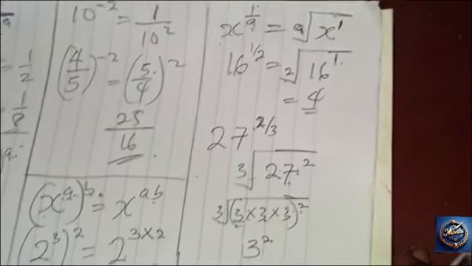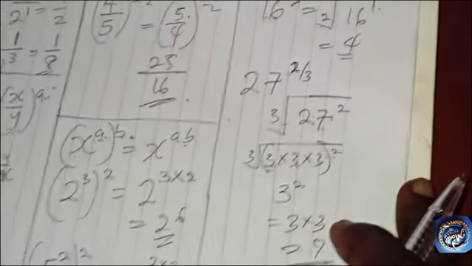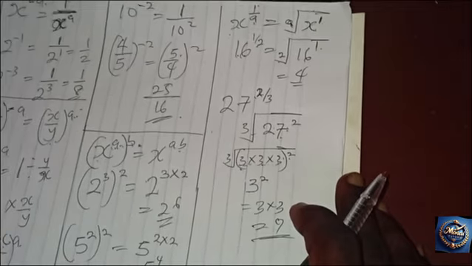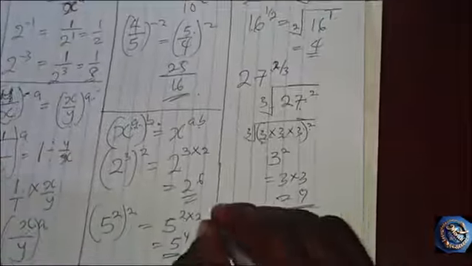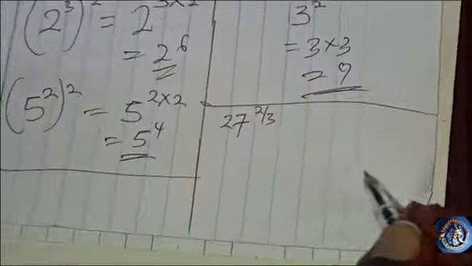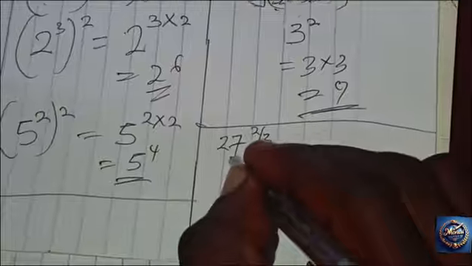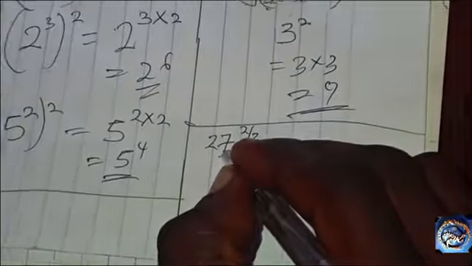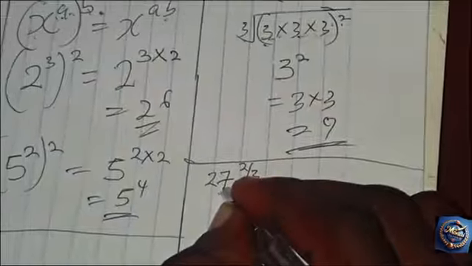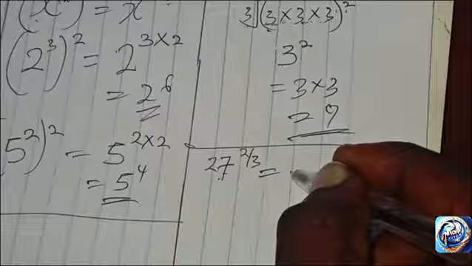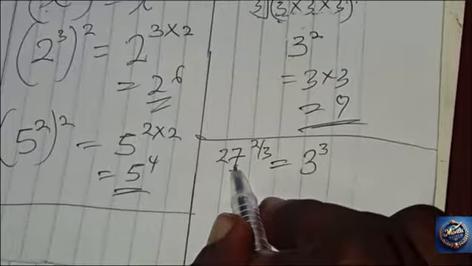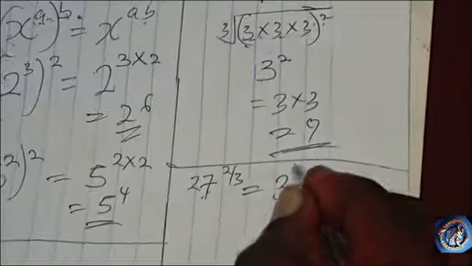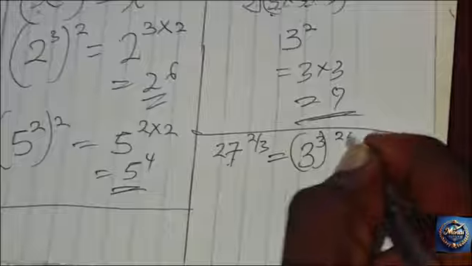This fractional index can be applied in another way. Somebody else can apply it by saying 27 raised to power 2 all over 3, and put the 27 into the power of 3. How will I put it into the power? This one will now be 3 raised to power 3, because 3 in 3 places will give me 27. I'll put it in a bracket, then raised to power 2 all over 3.